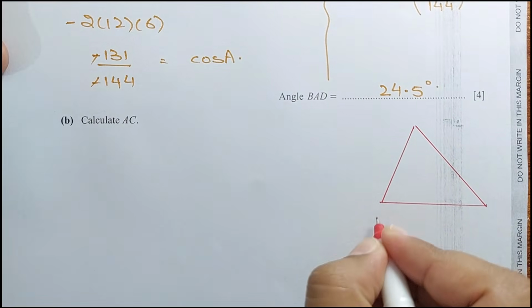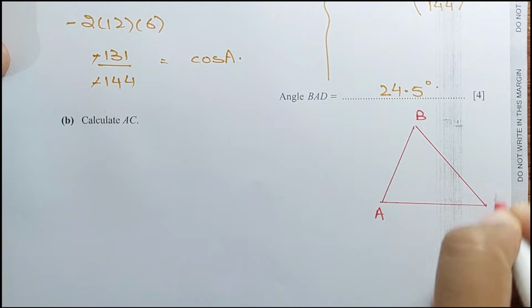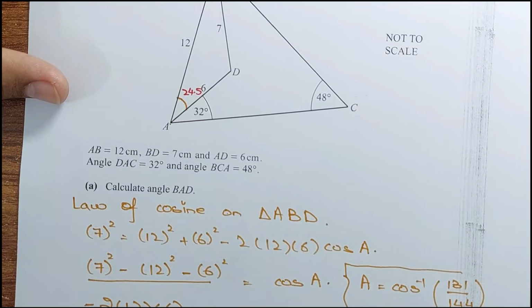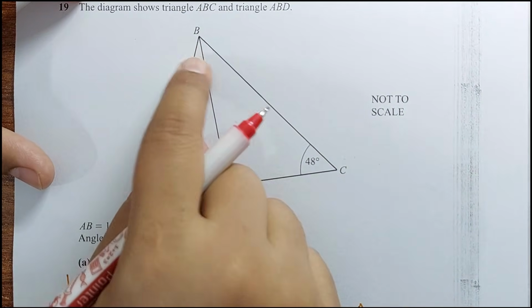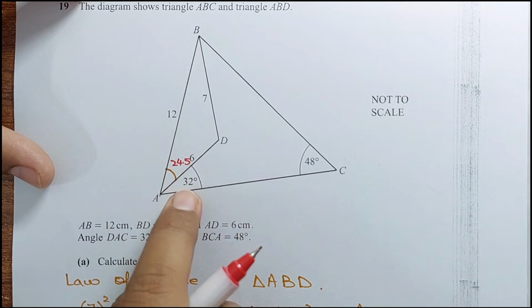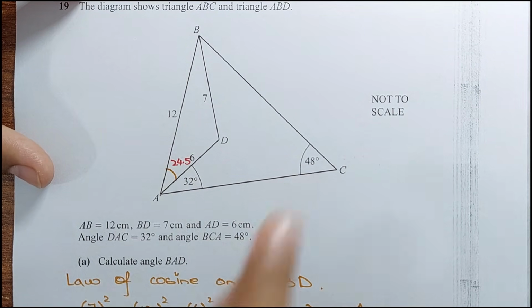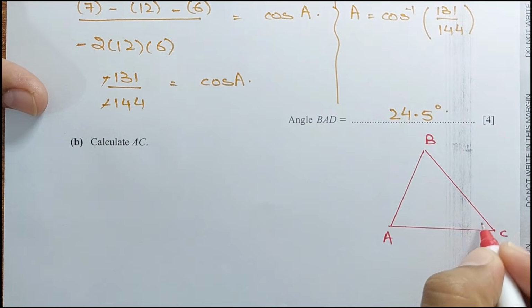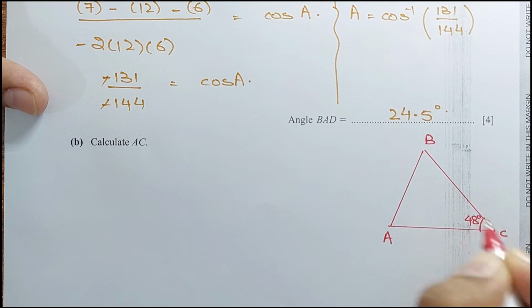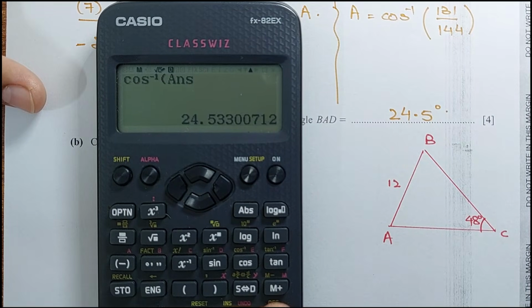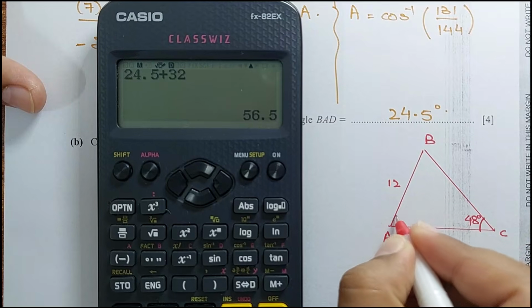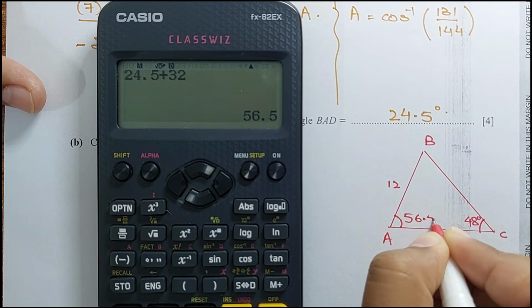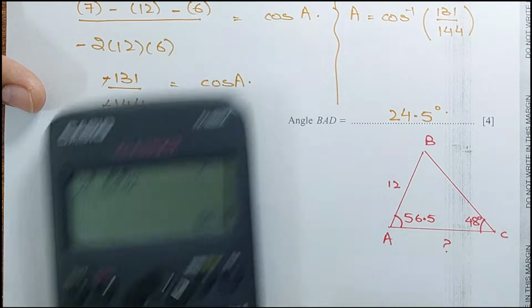Here we have A, B, and C. AB is 12. We don't know angle B. Angle A is the sum of 32 and 24.5, and angle C is 48. So 24.5 added to 32, that angle is 56.5. We need to calculate this side AC.